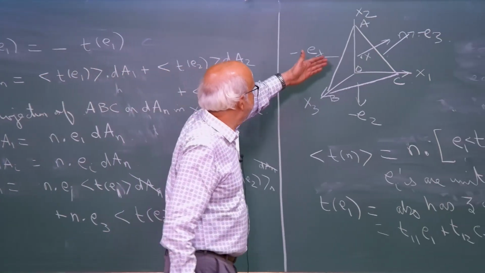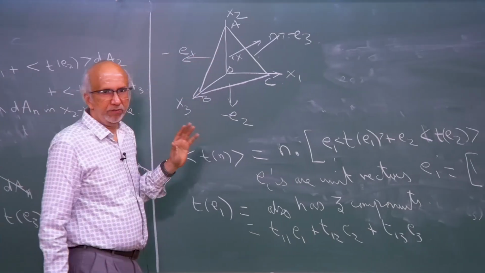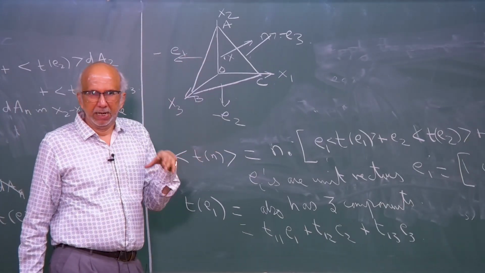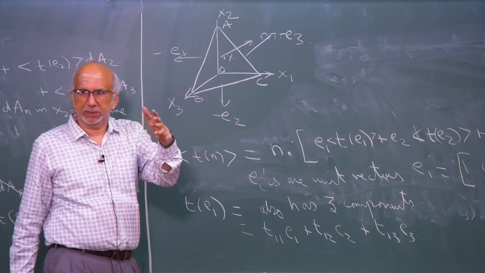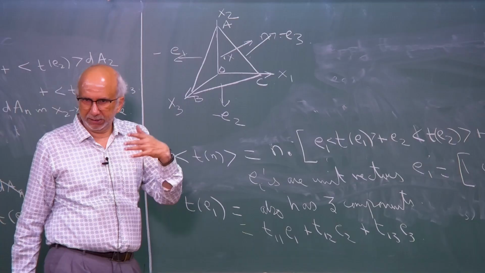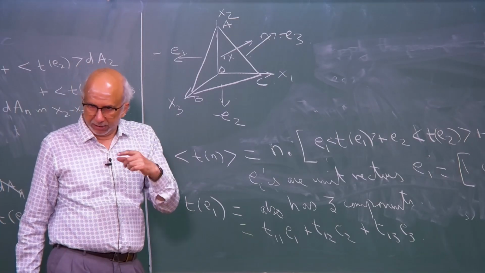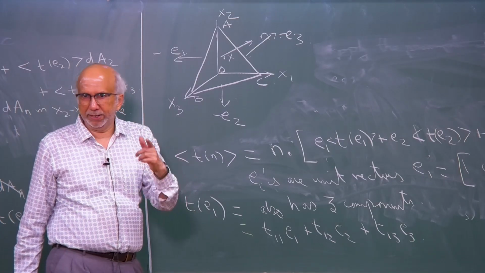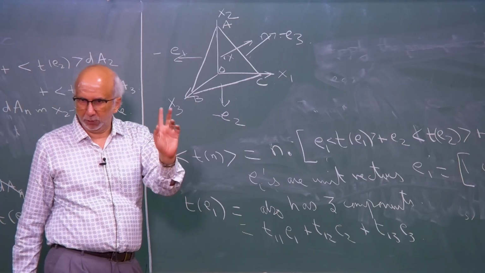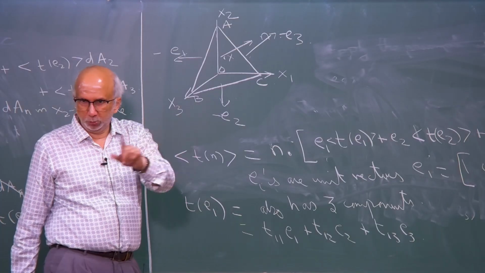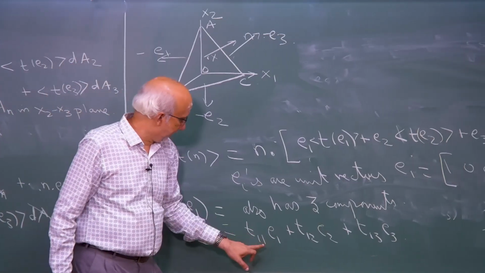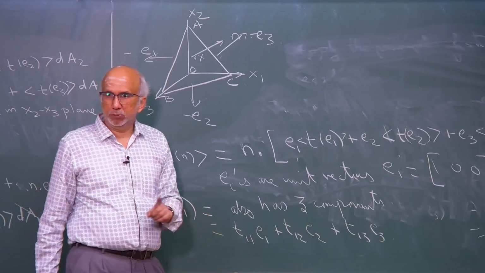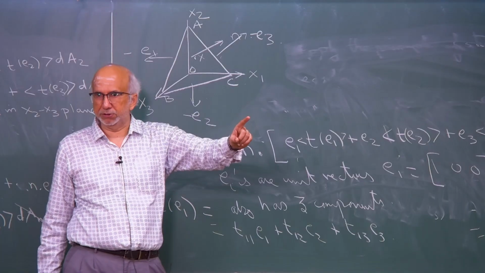Remember, on this surface we have a force acting. This force also has 3 components, x, y, z. There will be an x component, a y component, a z component, or component 1, component 2, component 3, because x, y, z are now 1, 2, 3. So, the second subscript tells you the direction of the force.